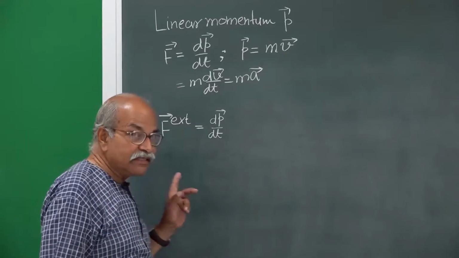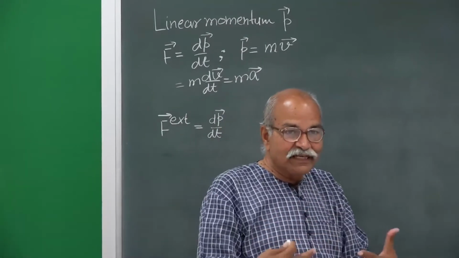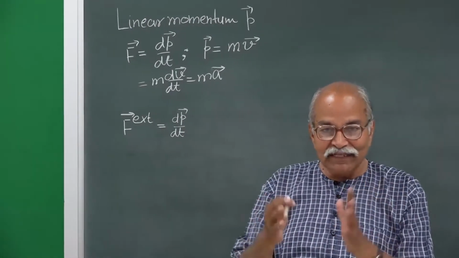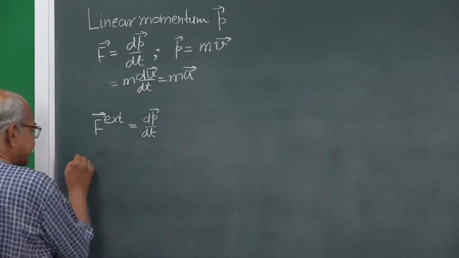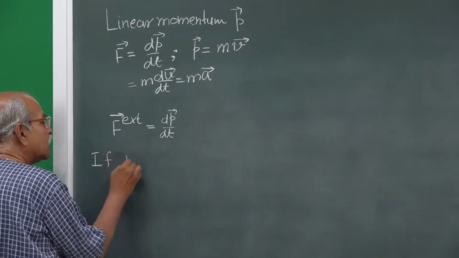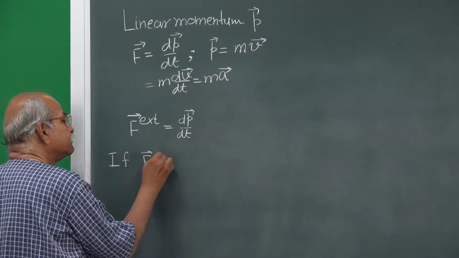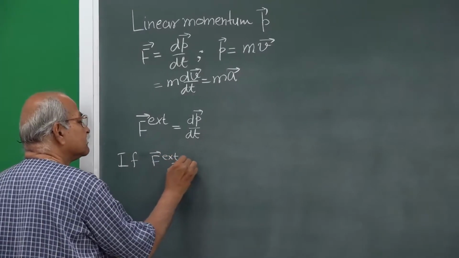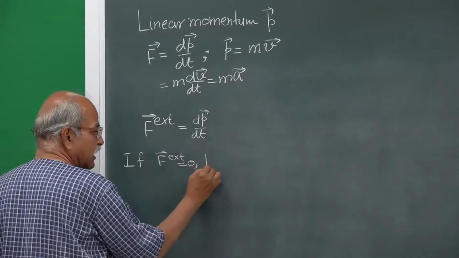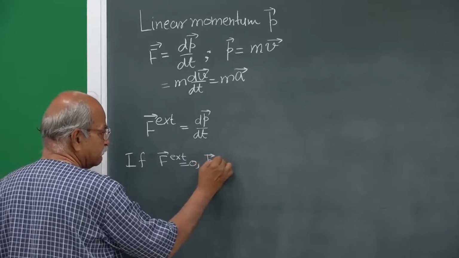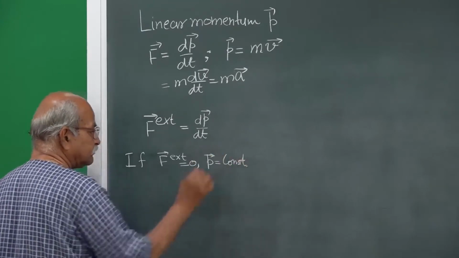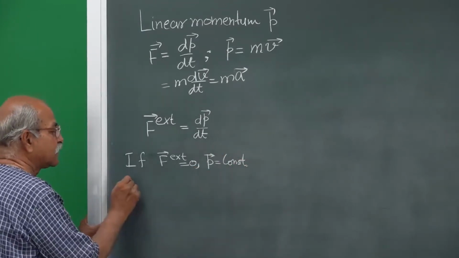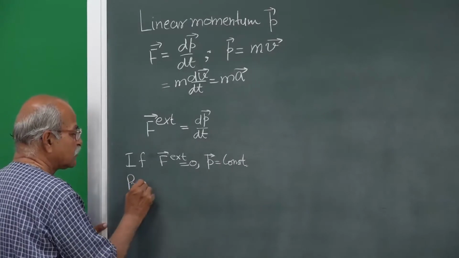That is still valid. The internal forces occur in pairs and therefore they cancel out, and hence if external force is 0, dp dt is 0, and therefore P is constant. This is known as the principle of conservation of linear momentum.